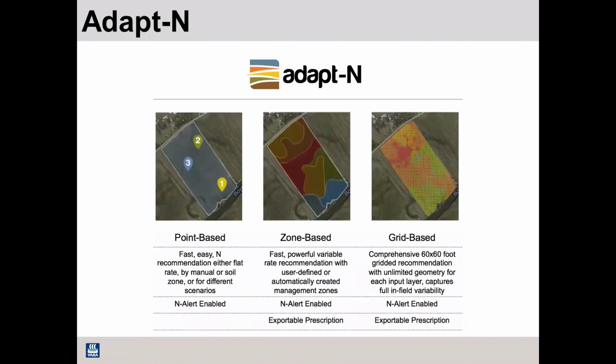Where we get into the variable rate component is when we configure fields by polygon zones, or we set them up to be what we call grid-based in 60-foot by 60-foot grid cells. This is where we go into a very in-depth configuration process, giving the user the ability to bring in spatial data, to configure different areas, specifically as it relates to how that field is being managed by that grower.